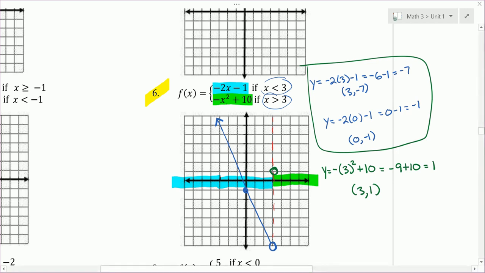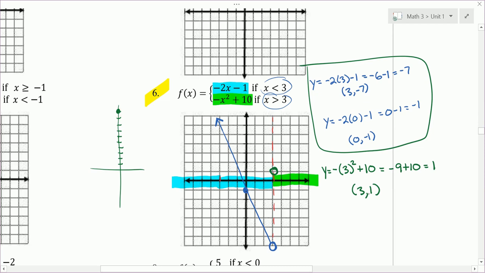And then it's quadratic, and we need to get a sense of what this looks like if we were just to graph it without any restrictions. So I'm going to sketch over here. That plus 10 tells me to move up 10. So I'd go up 1, 2, 3, 4, 5, 6, 7, 8, 9, 10. So that would be my vertex.